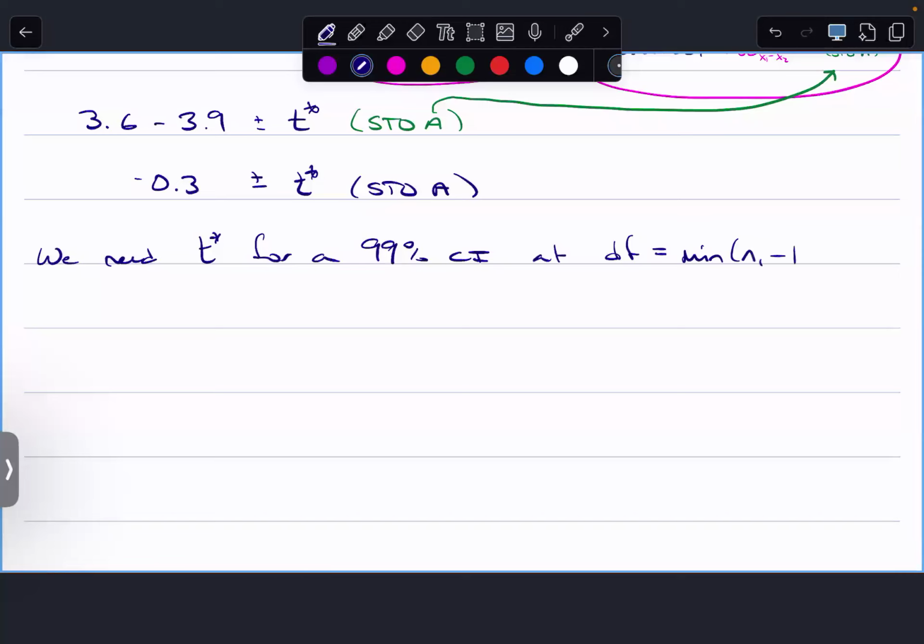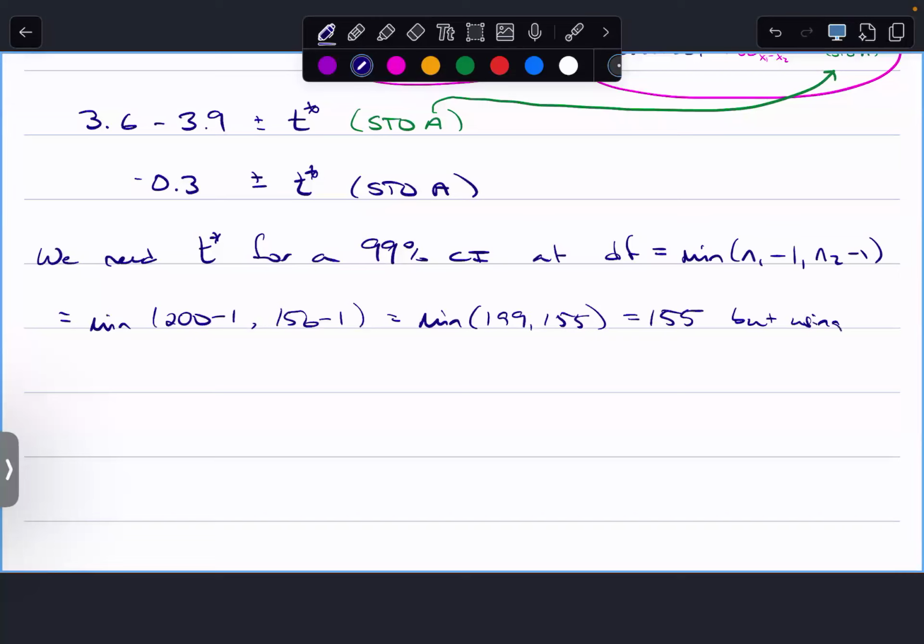Minimum of n1 minus 1 or n2 minus 1, which is the minimum of 200 minus 1 or 156 minus 1, which is the minimum of 199 or 155, which is 155, but using degrees of freedom equal to 100, because we already talked about that.